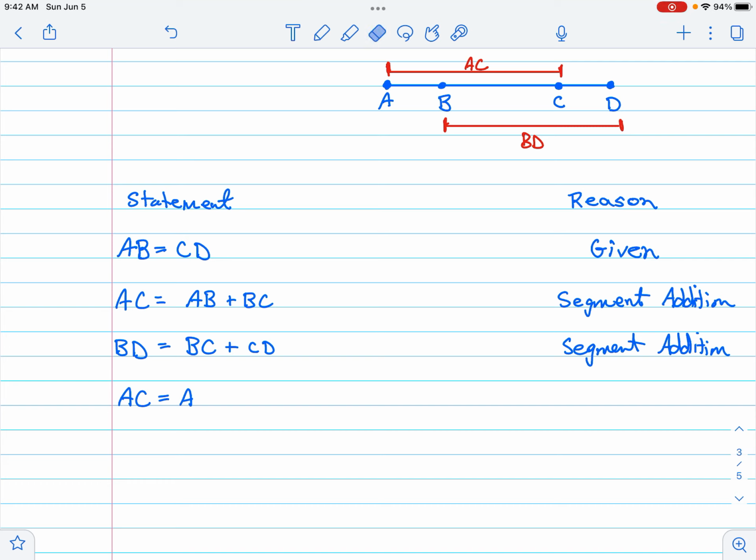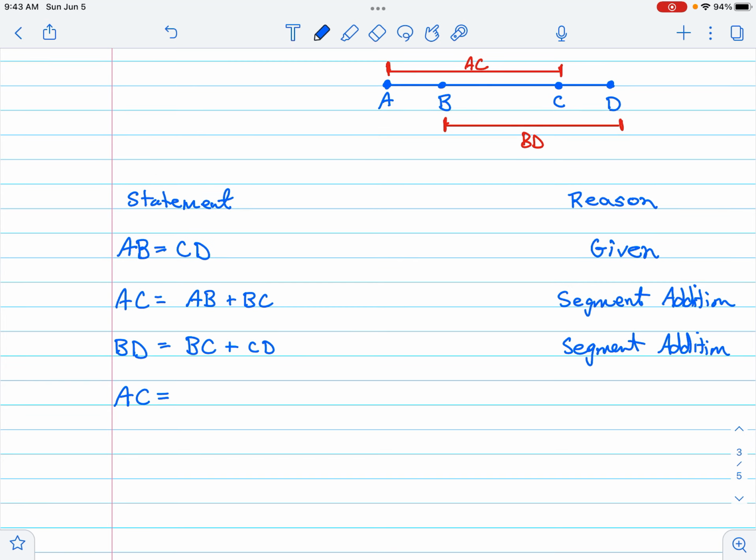And I'll tell you what I'm going to do. Let's just do this. We could go this way. We could say AC is equal to CD plus BC. And that's just substitution.